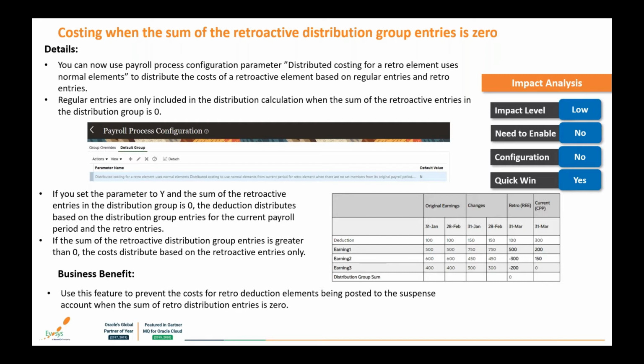This is a feature provided by Oracle, where you can use a payroll process configurator parameter, distributed costing for retro elements, use as the normal element, so that we can avoid this going into the suspense account. This is also a quick win from Oracle.